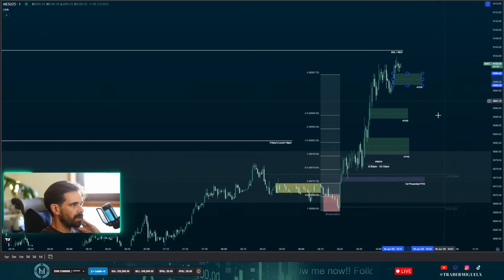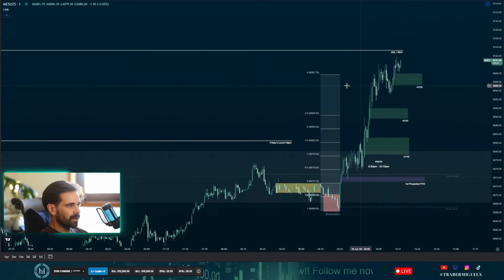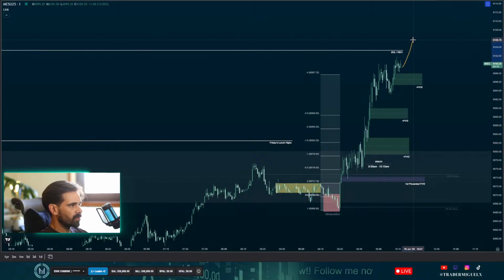So if you're not long already, I should not tell you to go long now because honestly, it's taking some time here. We have buy side liquidity right above us, so this can end up in something like this. Price starting to do something like this.